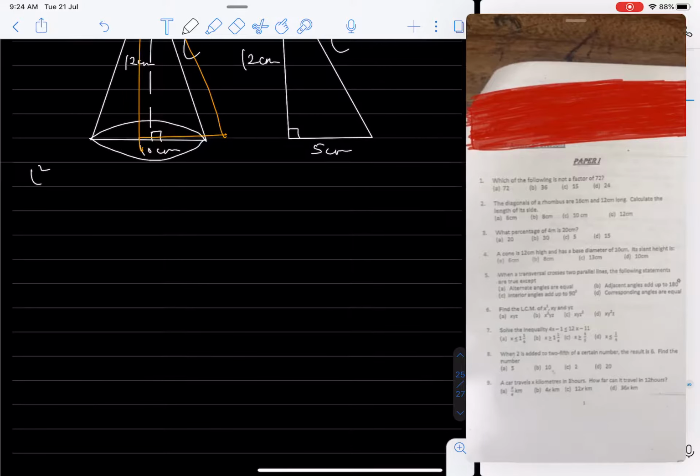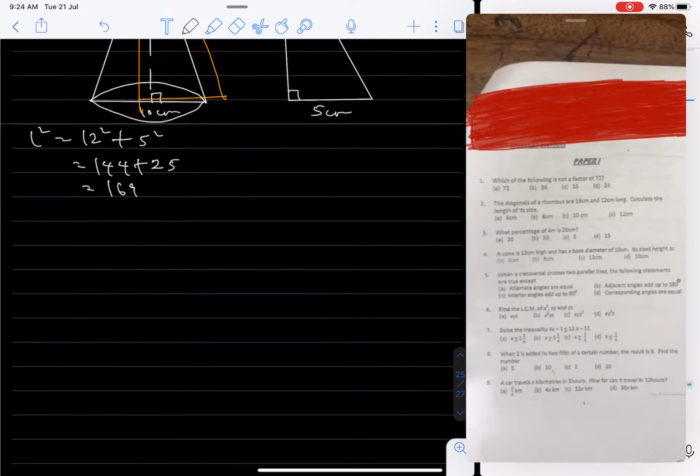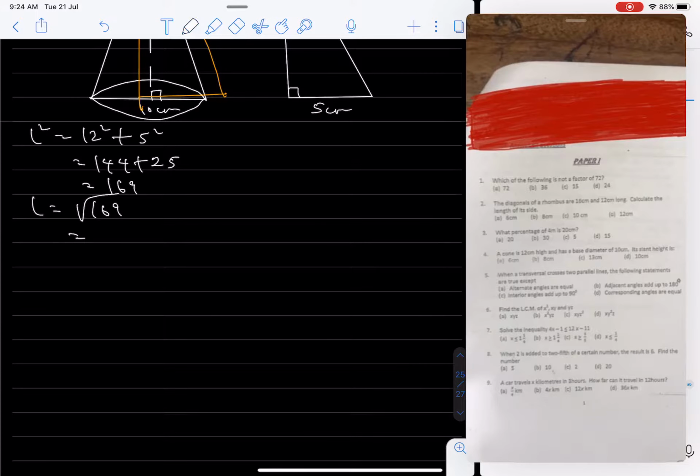So L squared by Pythagoras' rule is 12 squared plus 5 squared, which means 144 plus 25, which is 169, and L is the square root of 169, which is 13 centimeters.